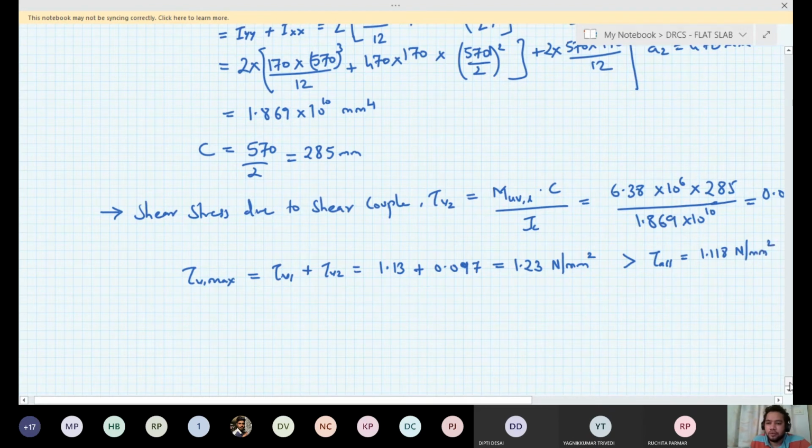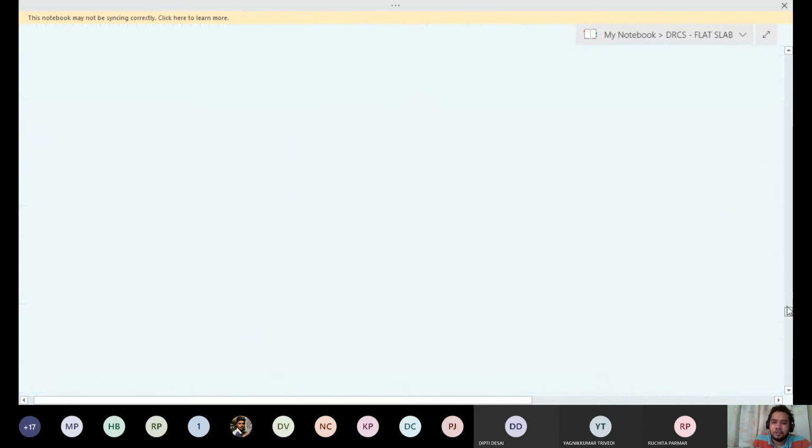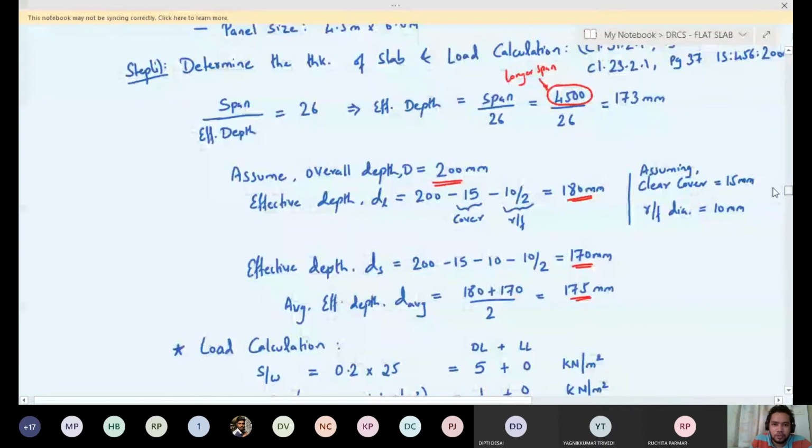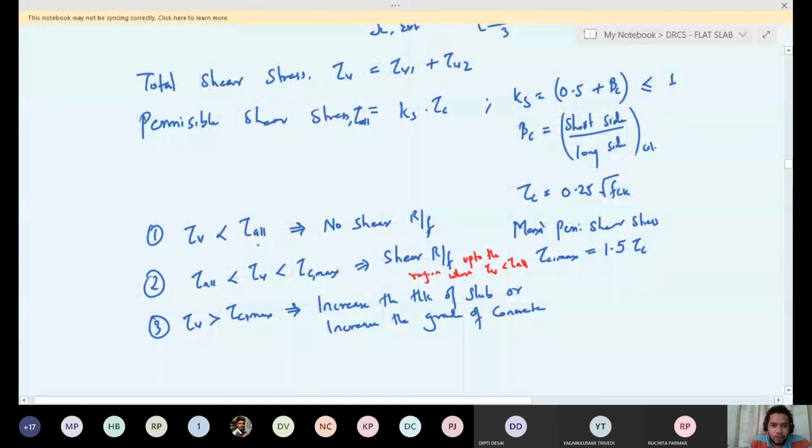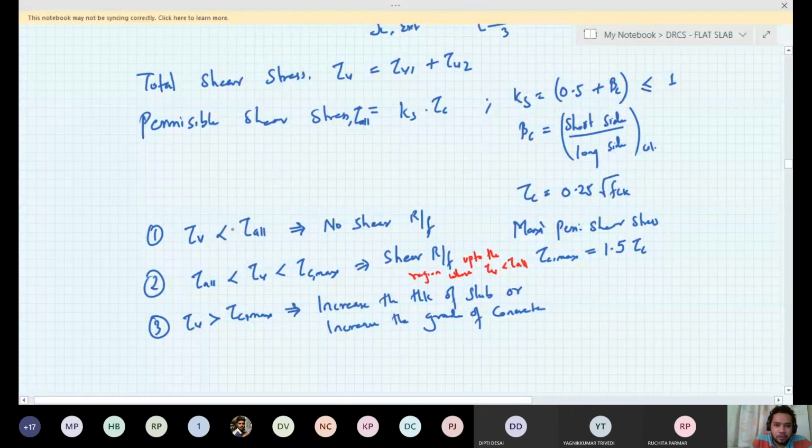So we have to provide the shear reinforcement. If you go through the theory part, if tau v is less than 0.5 tau allowable, then no shear reinforcement is required.